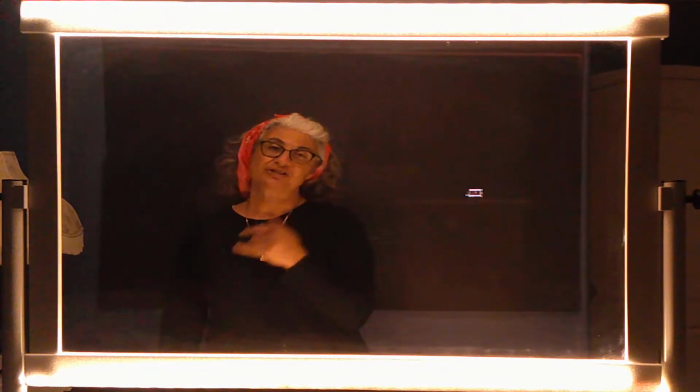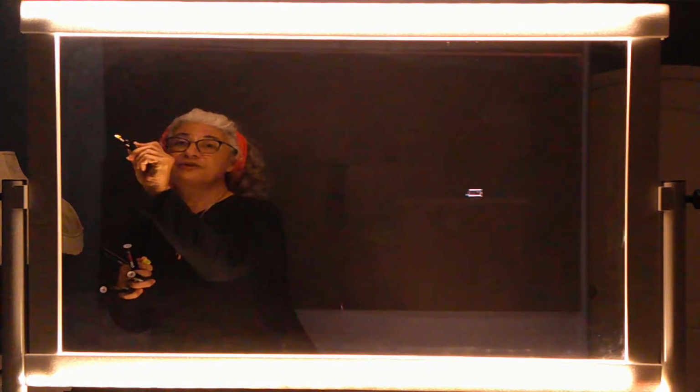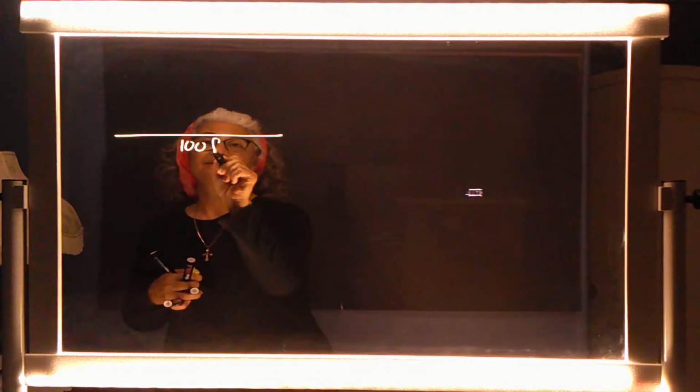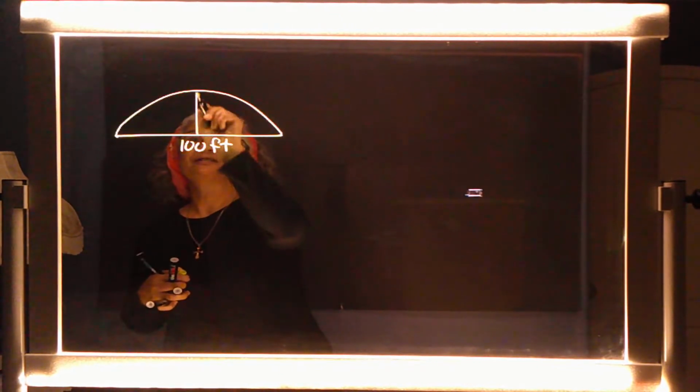Okay, so we just took a look at the second problem, which again is talking about a bridge with a semi-elliptical arch, right? And they've given me that the span is 100 feet and, yeah, at the highest point is 30 feet, isn't it?